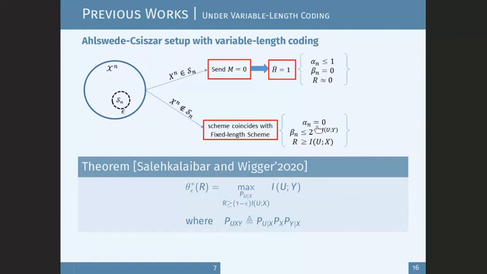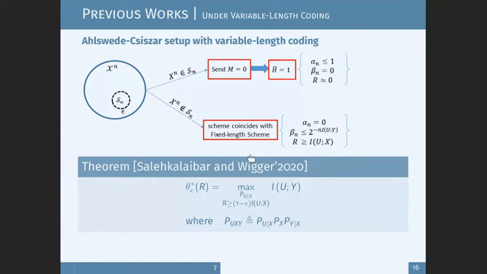Because remember, the result applies for all epsilon, so it doesn't matter what epsilon we take. And the type 2 error now is upper bounded, and we can see here, this is the error exponent, because as n tends to infinity, this will be the optimal error exponent. And here the rate, as in the Ahlswede-Csiszár case, is lower bounded by the mutual information between U and X.